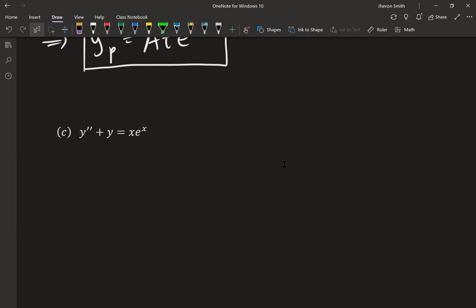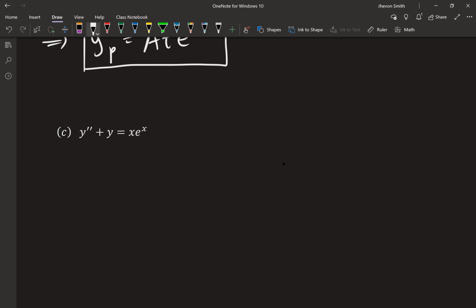All right, go. What do we do? Find YH. How do I find it? What is it here? R equals plus or minus 1?